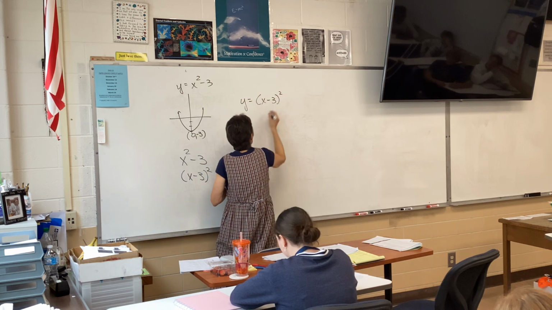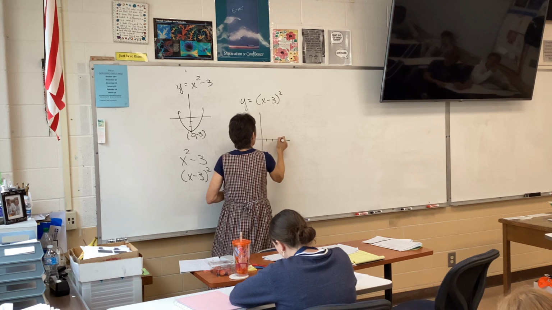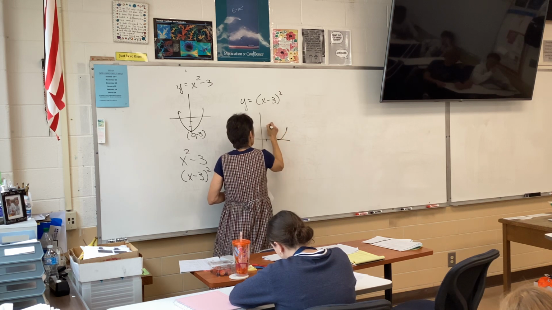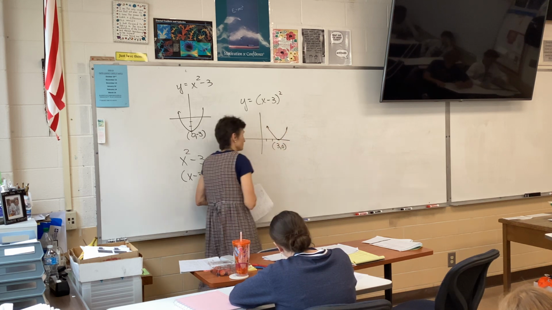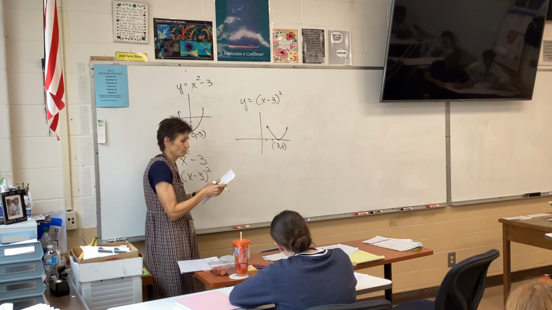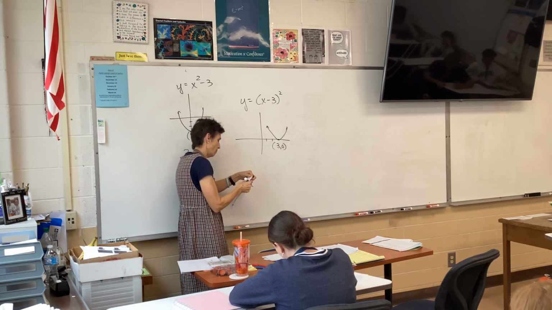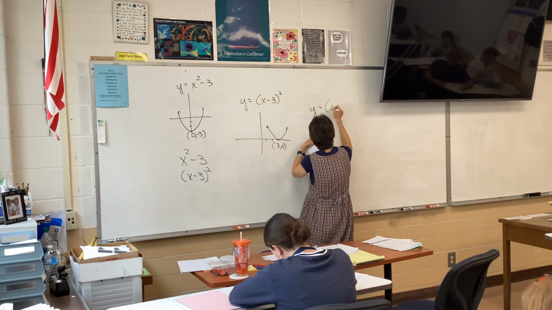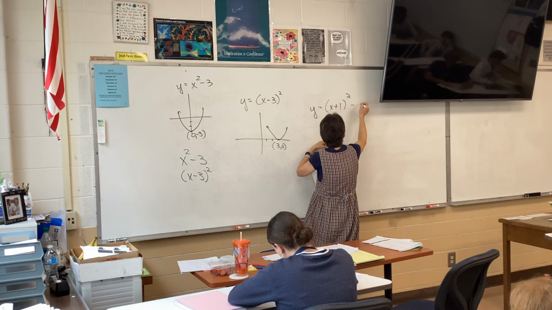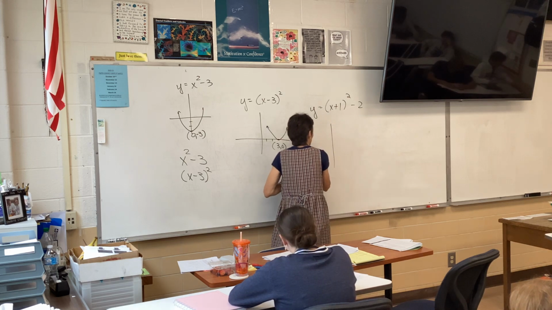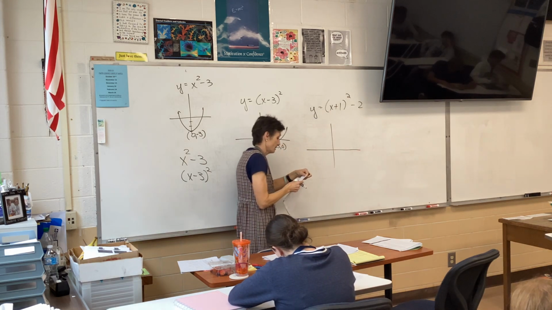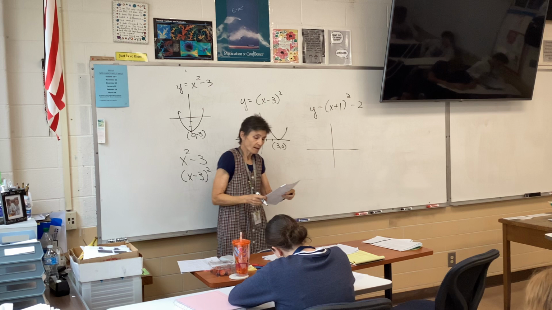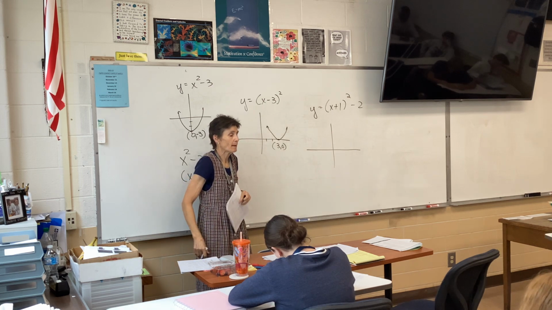Well, look, what's the next one then? That's a parabola, but this one has been moved to the right. I don't know what that number is on the end of the next one, so we'll just make something up. Let's just say it's minus 2. I can't read it. So is this another parabola? Yep.